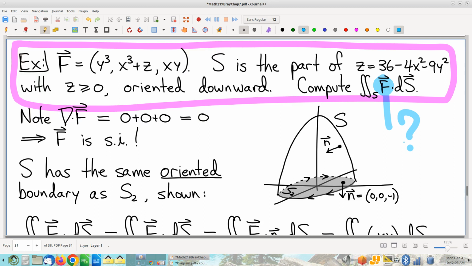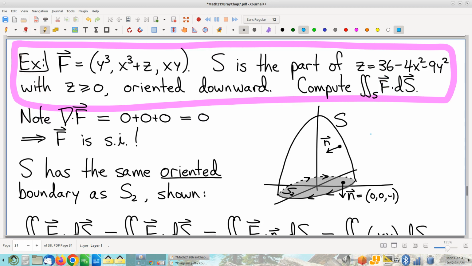I would need to find the anti-curl, what I like to call the anti-curl. We don't know how to do that. Finding anti-curls, as it turns out, is algebraically hard. It's not something that I'm going to be able to talk about in this class. So that's kind of effectively off the table as well. All right. So no Gauss, no Stokes, hoping to not have to parameterize and plug and chug.